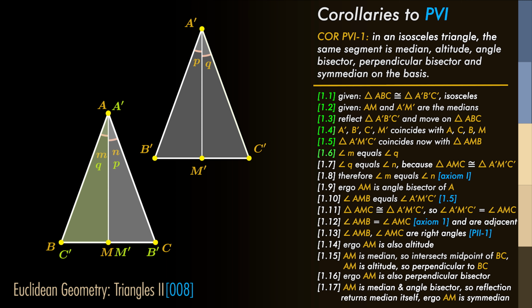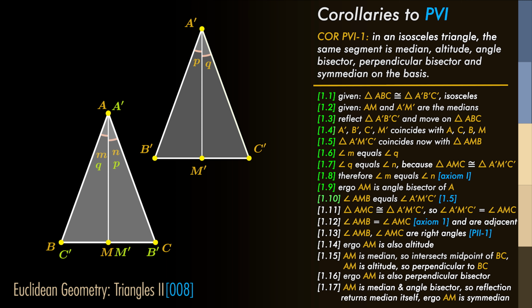So, angle M equals angle Q. But we know that angle Q is also equal to angle N, because the two original triangles were congruent. So angle M is equal to angle N because of axiom 1. Ergo, AM is the angle bisector of A.